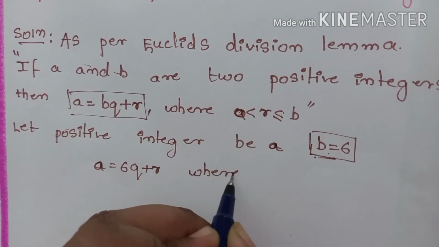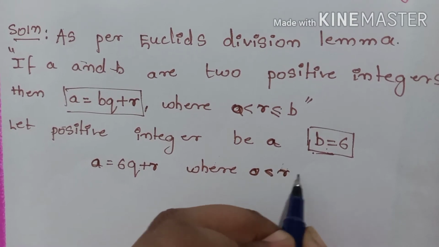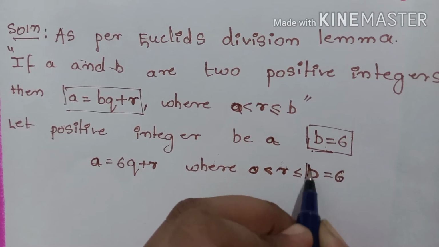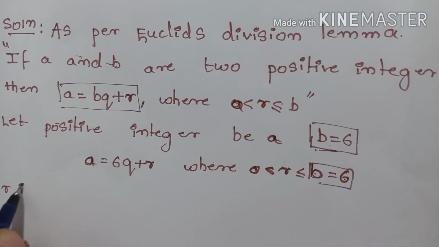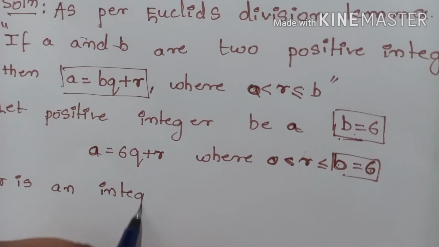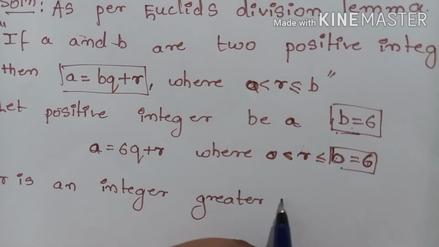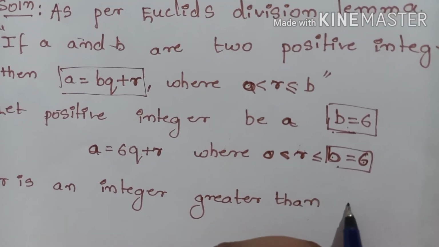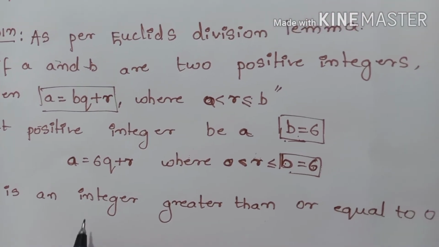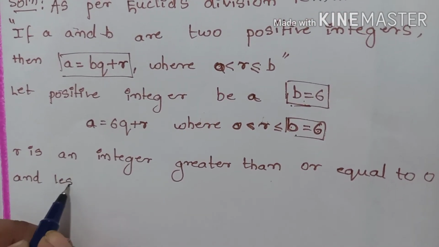Don't forget to write the condition where r lies between 0 and b, which is 6. r is an integer greater than or equal to 0 and definitely less than 6.